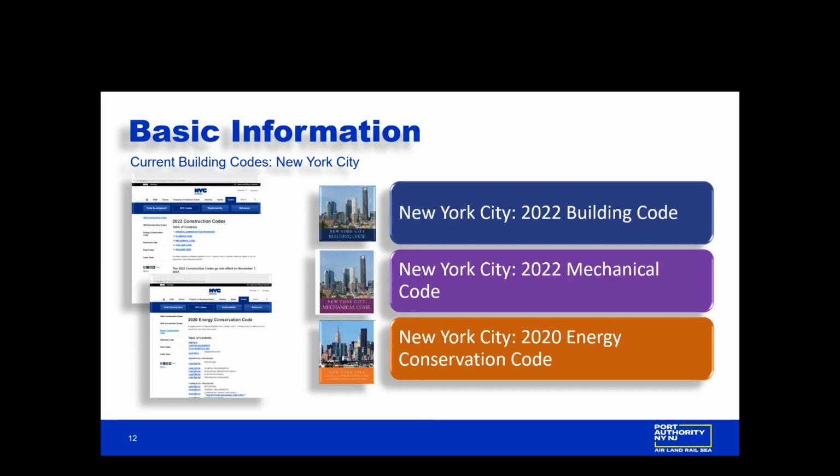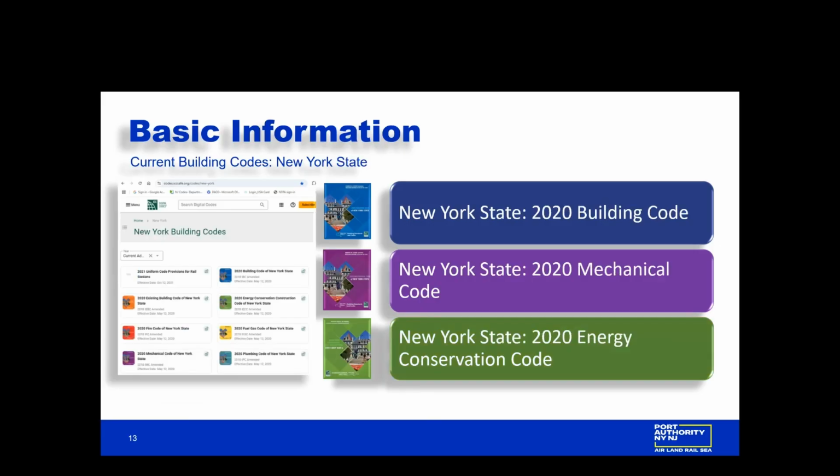You can find the mechanical code there as well, and of course the energy conservation code. So I give this for your convenience so you can see what it looks like. You can go from there and hit one of the hyperlinks and you go right to your document. And it has all the amendments and whatnot. But of course, there's the local laws and stuff like that that also go into play. Rules of the city in New York, that's also applicable. So you have to be careful about those items as well. Next slide, please.